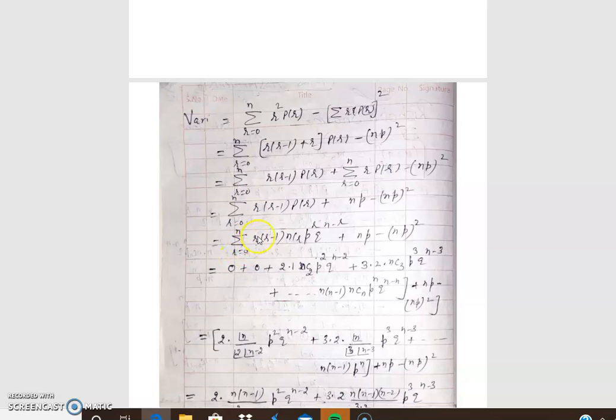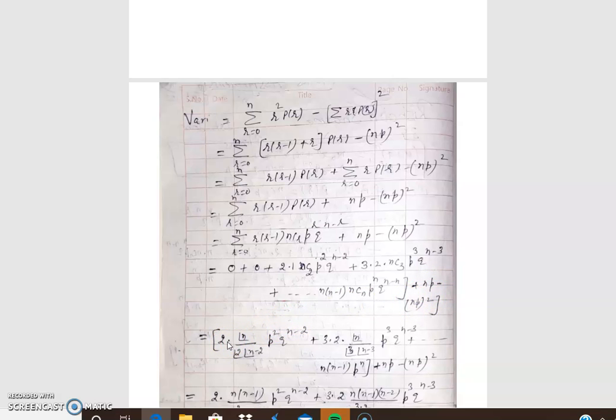When we substitute r equal to 1, then r minus 1 is again 0. For r equal to 2, the term is 2 into nC2 p square q power n minus 2, plus 3 into 2 into nC3 p cube into q power n minus 3, and in the last, when you substitute r equal to n, this value is n minus 1 nCn p power n q power n minus n. q power n minus n is q power 0, this is 1. nCn is 1, and this value is plus np minus np whole square.